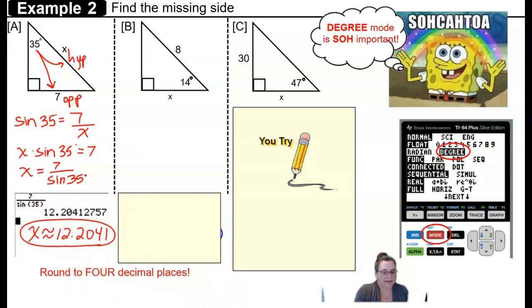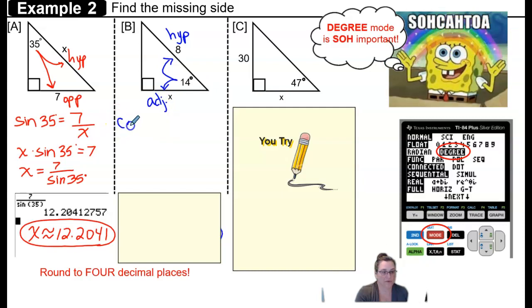Okay. In example B, we have our angle theta, which is 14 degrees. We know the hypotenuse, which is 8. And we're looking for the side adjacent to the angle, which is x. And in our acronym SOHCAHTOA, the cosine is the ratio of the adjacent over the hypotenuse.